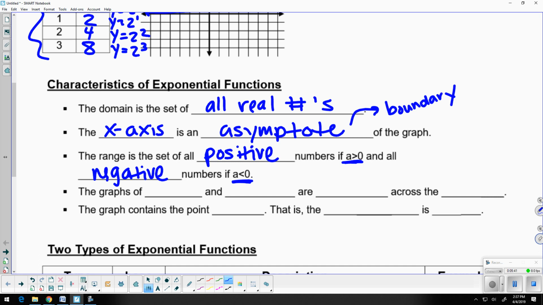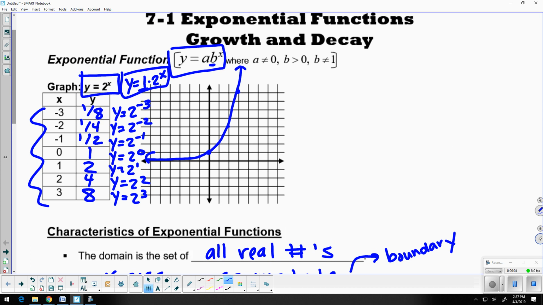Okay, the next one says the graphs of y equals a times b to the x and y equals a times 1 over b to the x are going to be reflections of each other across the y-axis. Okay, so let me kind of highlight what this means. So we graphed y equals 2 to the x, right? If we were to graph y equals 1/2 to the x, which is basically the reciprocal, right?